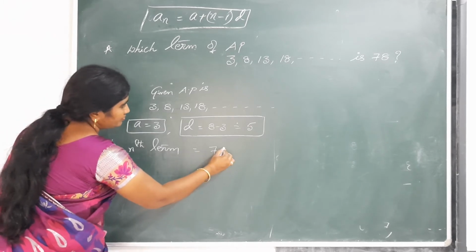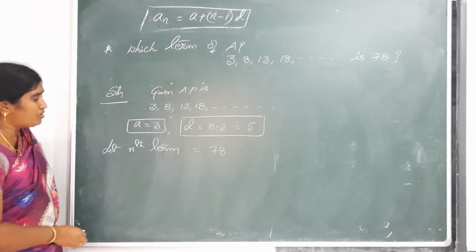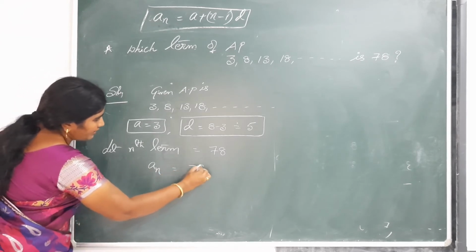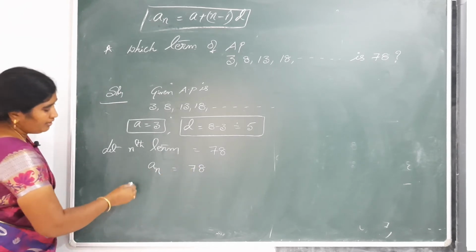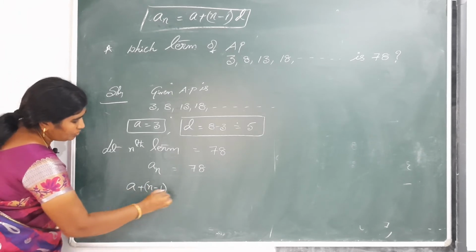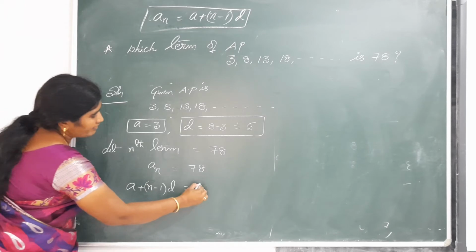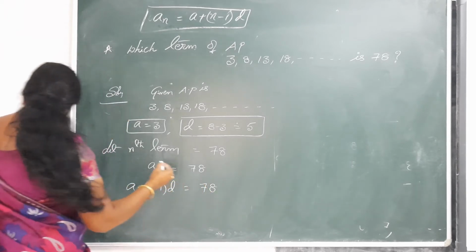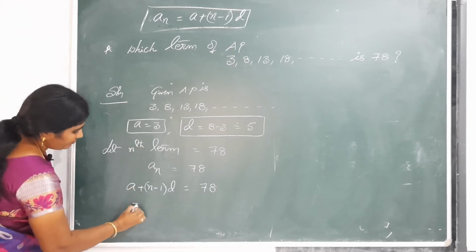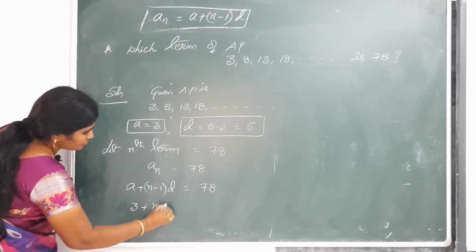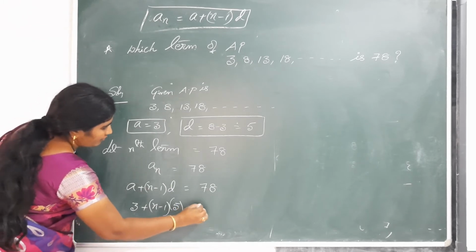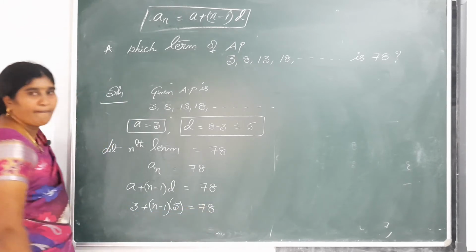D equal to 5. Next, let the nth term equal 78. The nth term is denoted by an equal to 78. We know the an formula: a plus (n minus 1) into d equal to 78. A value is 3 plus (n minus 1) into 5, equal to 78.